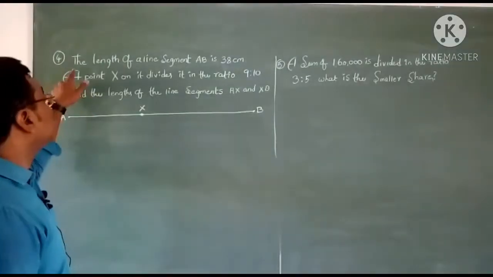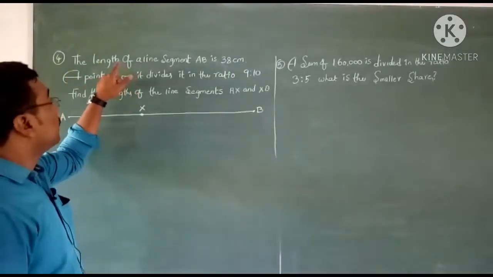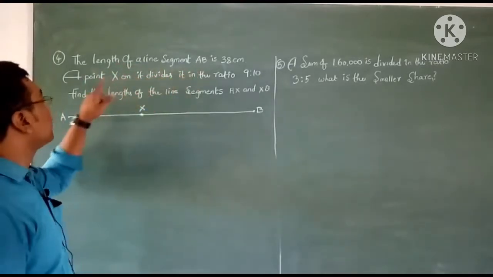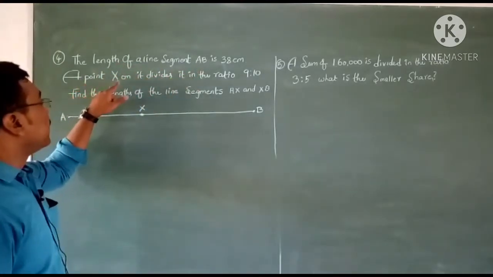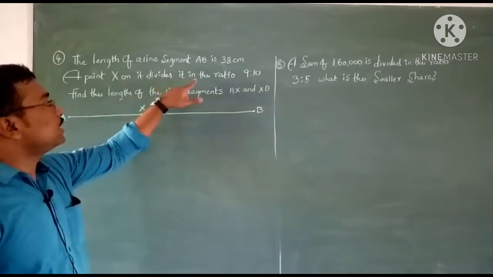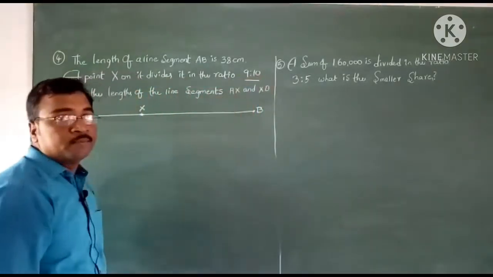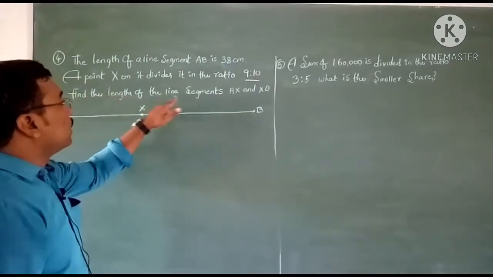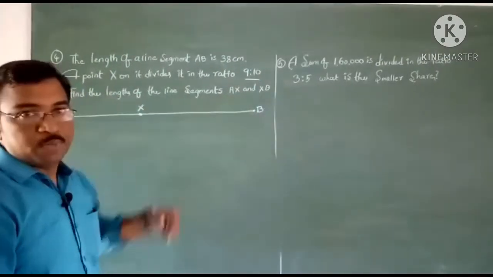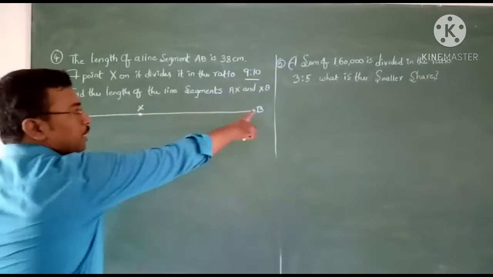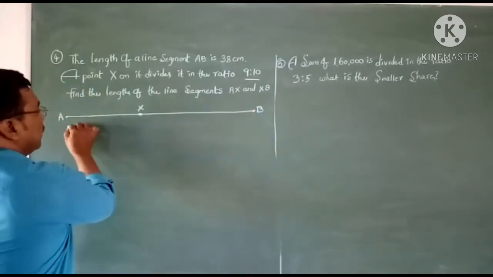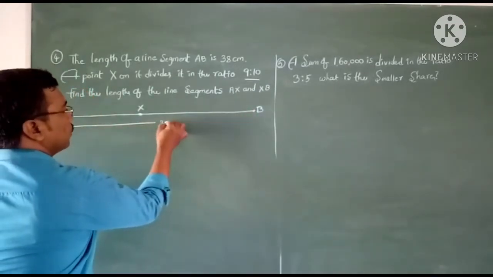See the fourth one. The length of a line segment AB is 38 cm. A point X on it divides it in the ratio 9:10. Find the lengths of the line segments AX and XB. Here it is a line segment AB of length 38 centimeters in total.